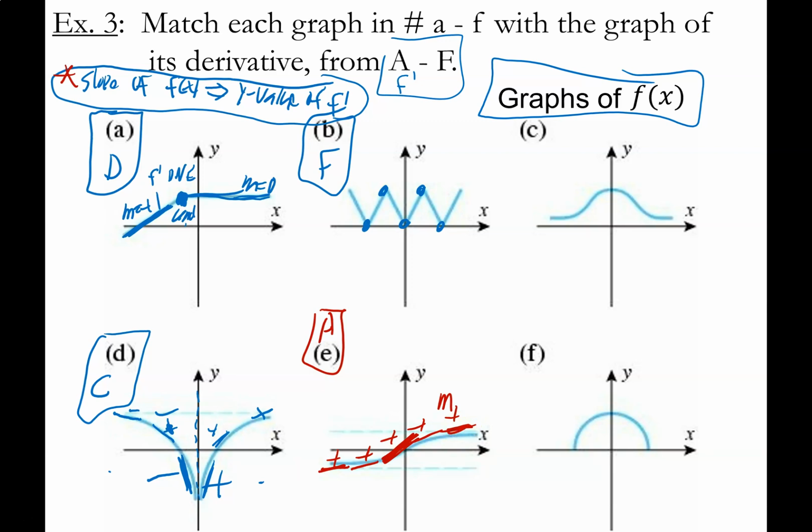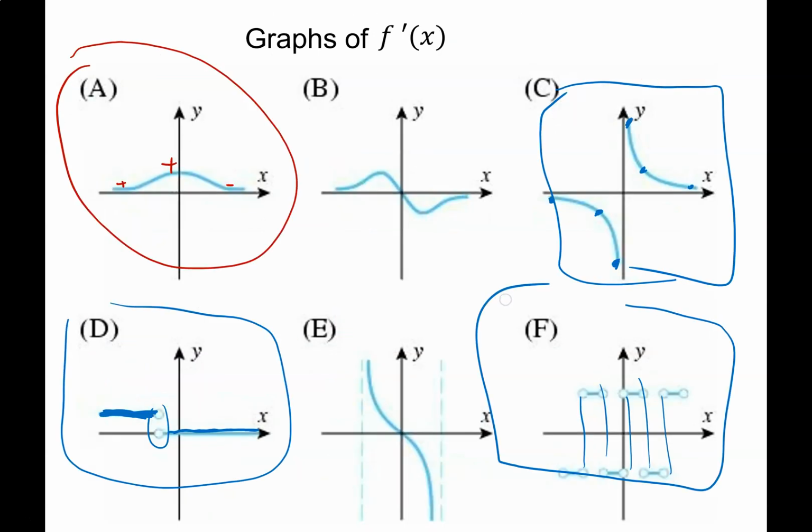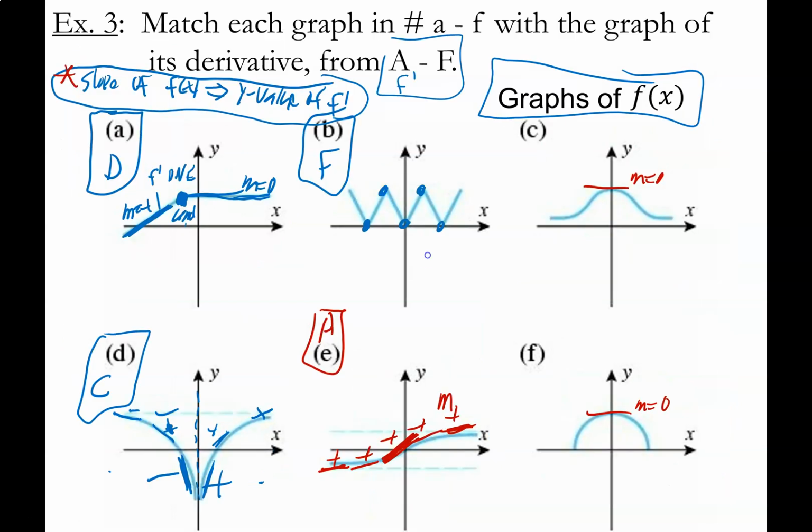Okay, these last two. First thing I notice, there are no undefined points. I see these, which are referred to as horizontal tangents. They have a slope of 0. Again, slope of f is the y value of f prime, so I'm going to look for things that have a 0 here. Okay, they both do. That didn't help.